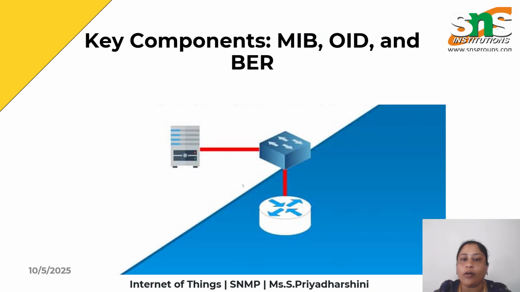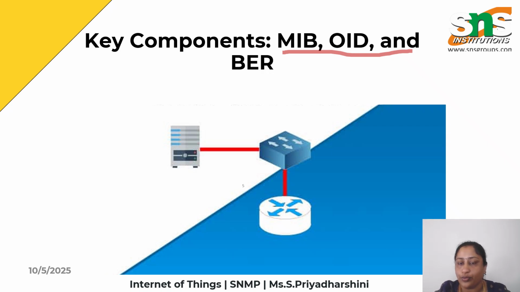Let's see the key components of SNMP. There are three major blocks. The first one is your MIB, the Management Information Base, which is a database in which you can store and retrieve information about any attached SNMP device.